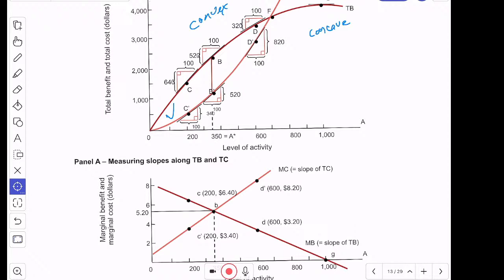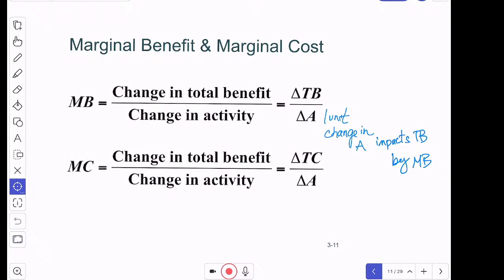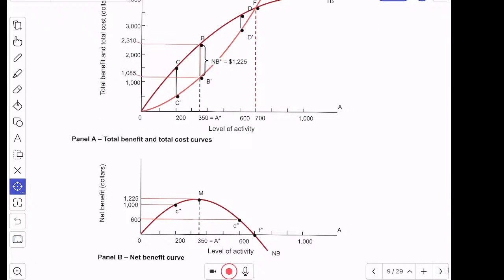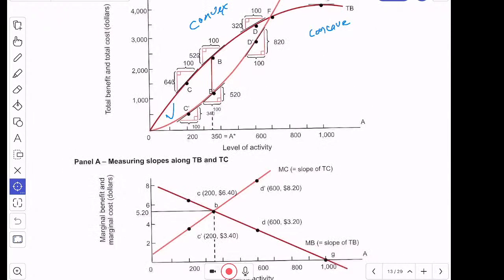You can solve it by equating marginal cost and marginal benefit, or by maximizing net benefit. But they're going to be at the same activity level either way. So that's why you see we can solve it both ways. It's important to know those are interchangeable.